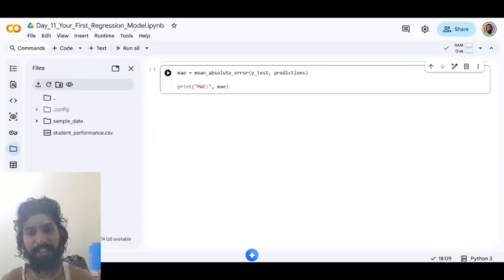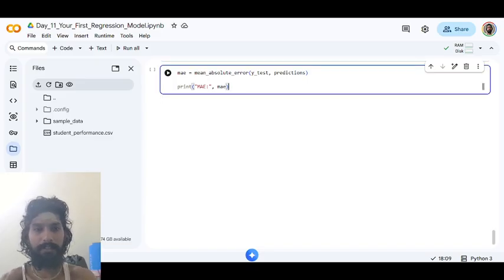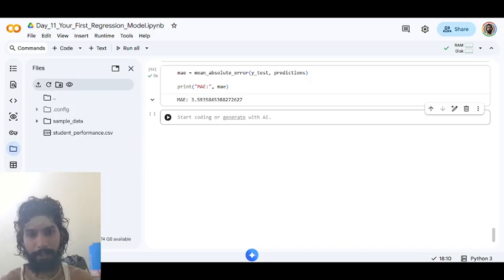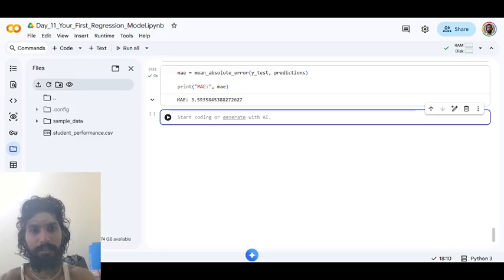Because our target is measured in score points, MAE is also measured in score points. Suppose the MAE is 3.59. A beginner-friendly interpretation would be, on average, the model's predicted final score differs from the actual score by about 3.59 points.